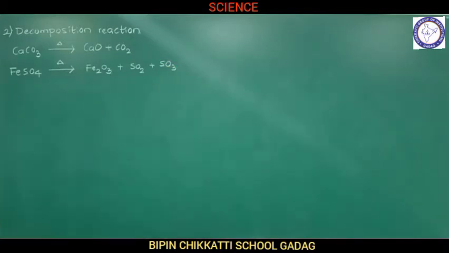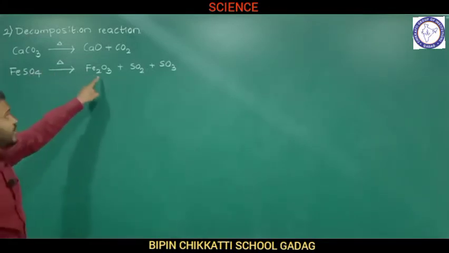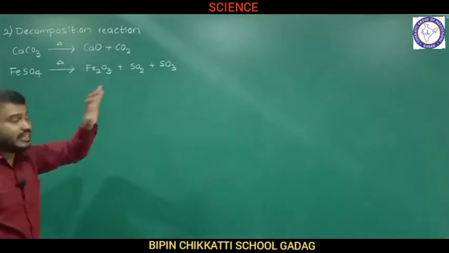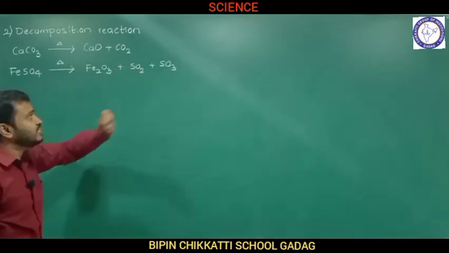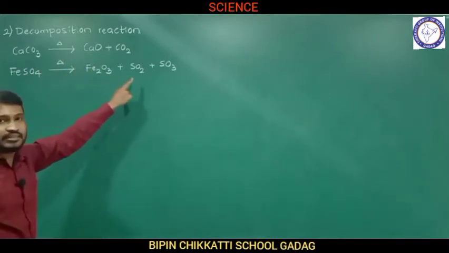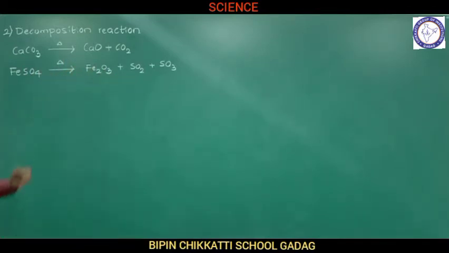From ferrous sulfate, after heating, we get ferric oxide, sulfur dioxide and sulfur trioxide. The gases released are sulfur dioxide and sulfur trioxide. So from one reactant we got three simple products. Therefore this reaction belongs to the decomposition reaction.